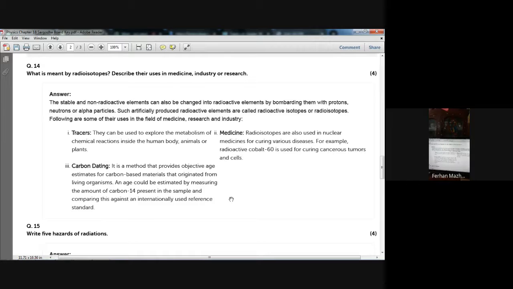And we are trying that my students get used to writing the answers. Roshana, are you with us?